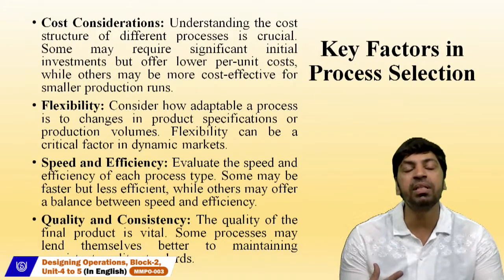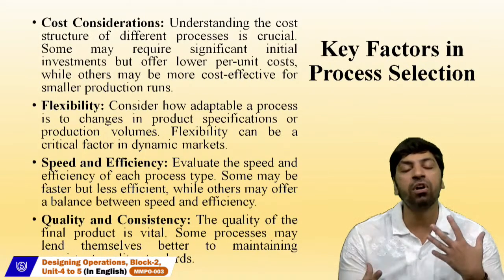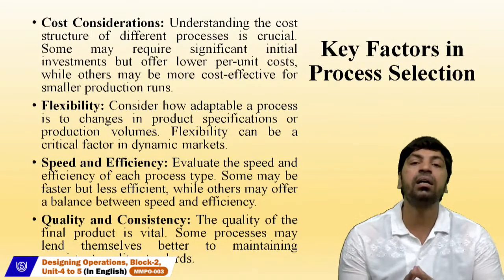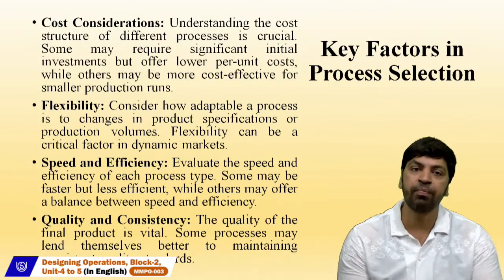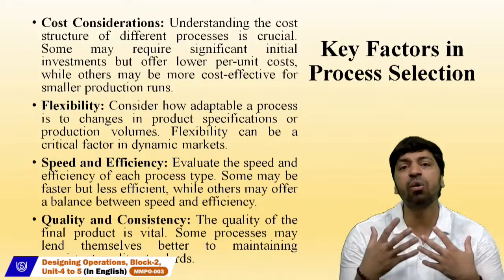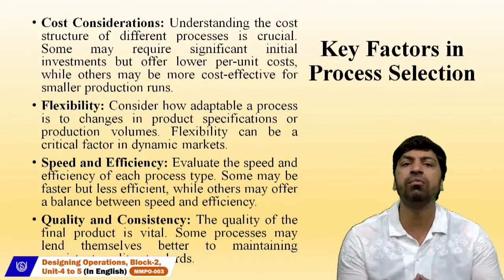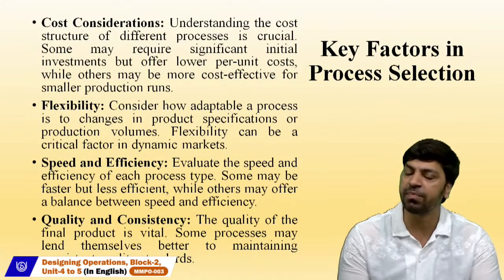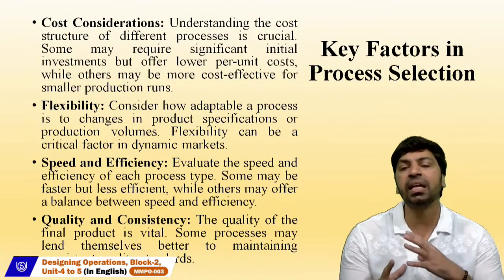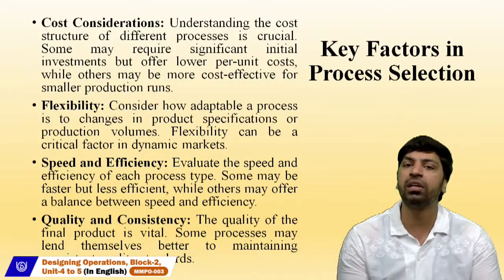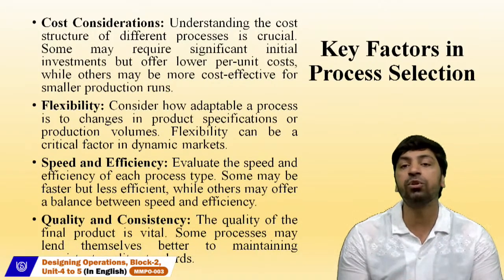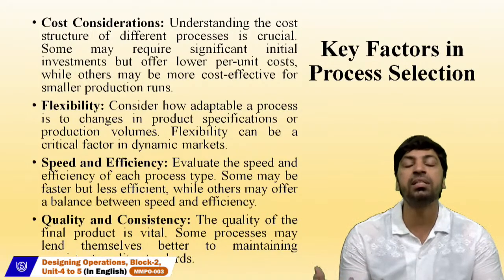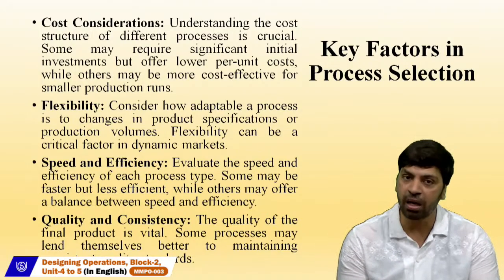Flexibility is one of the crucial components in a dynamic market. Depending upon the various changes when an organization changes the product specification or the production volume, the process should be flexible when any changes exist in the market.